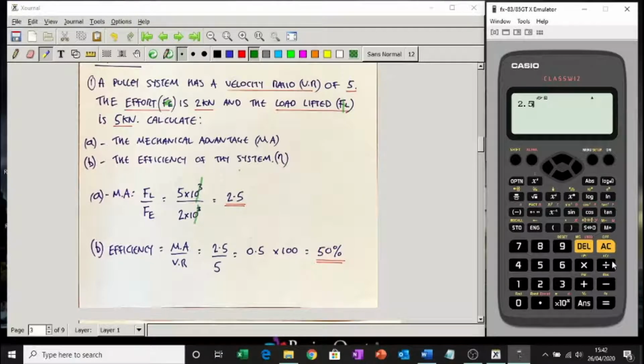So it's a half. Don't forget percentage. So efficiency we'll do as a percentage, so we'll times that by 100. So this thing is 50% efficient, basically. So there's that one.